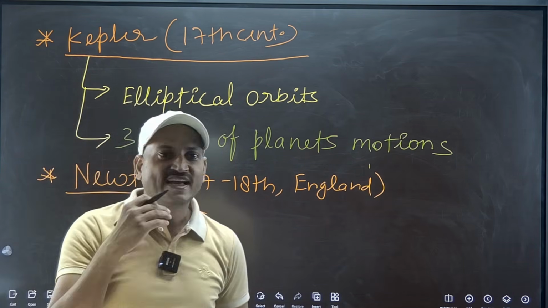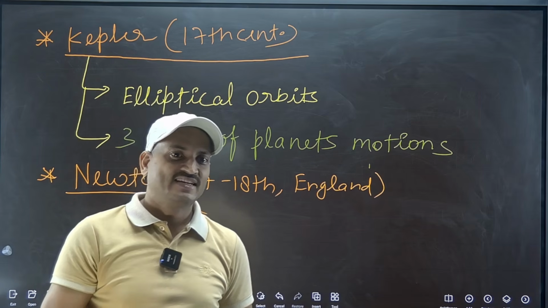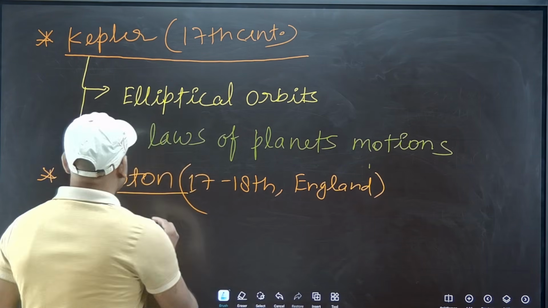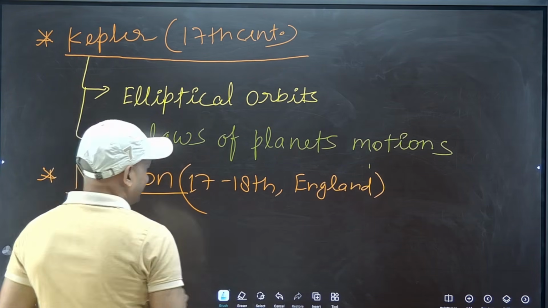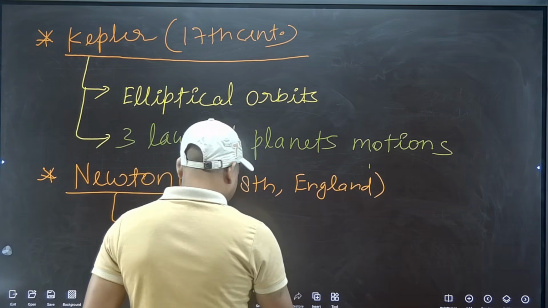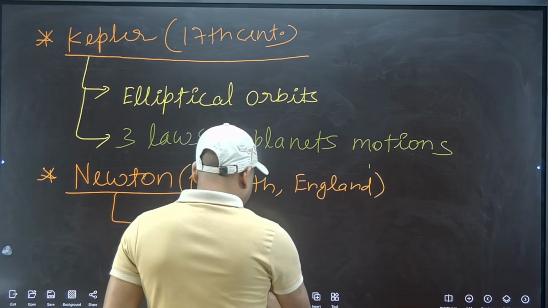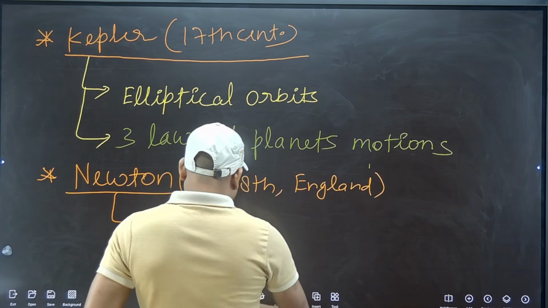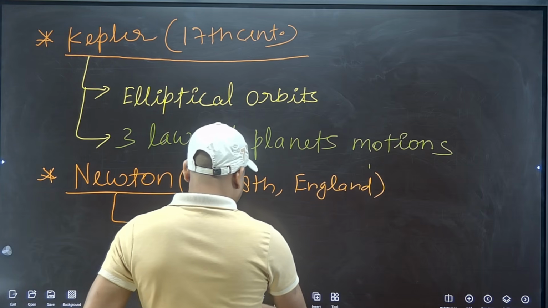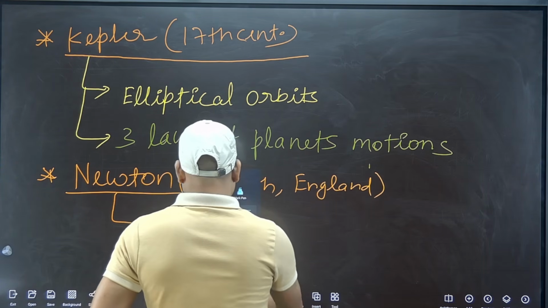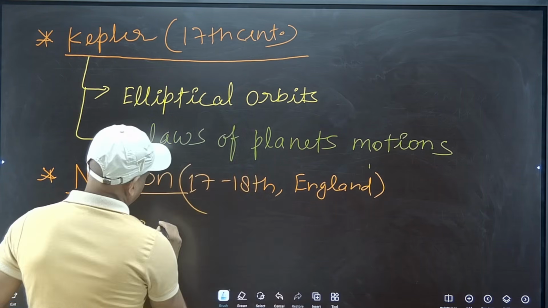He said, why is this revolution taking place? He said, this is because of gravitation. He added one other dimension and tried to express the planetary motions via universal gravitation.